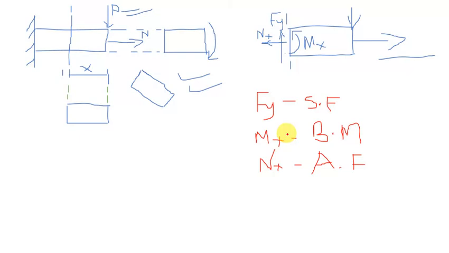I hope if you watch this video till the end, you won't be frustrated anymore by the idea of bending moment, shear force, and axial force. I've tried to make it as simple as I can, with zero numbers, zero mathematics.